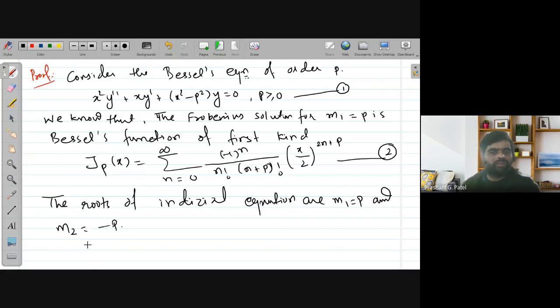If m1 minus m2 is non-zero and not a positive integer, then you know by Frobenius method the second solution is just by replacing m by minus m. That is your second solution, which is linearly independent of the first.